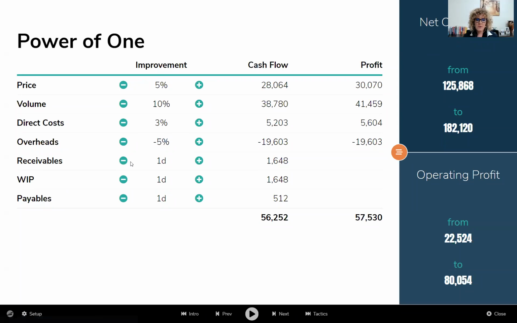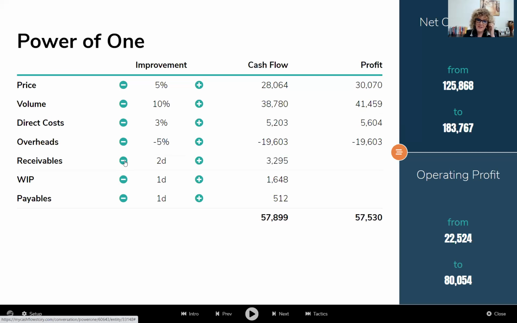With receivables, if someone's in control of their receivables, they might say, no, I'm totally in control of it, Suzanne, don't make any change at all. But generally, there are some businesses that are not in control of that. So they might say, look, a 2-day improvement on my receivables. I'm going to be really strategic and collect as soon as I possibly can. And some people have got it blown out beyond belief.